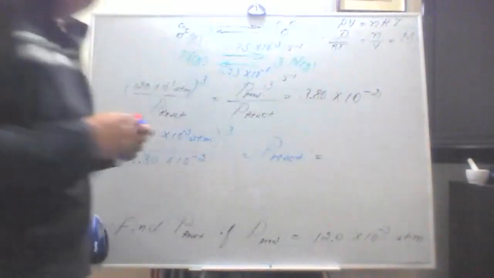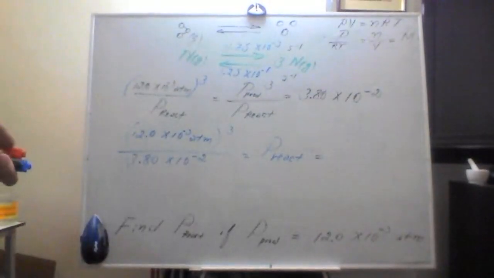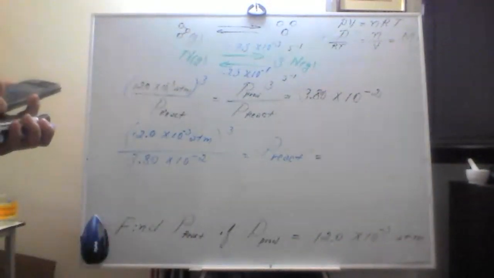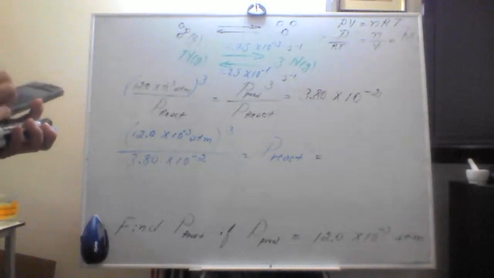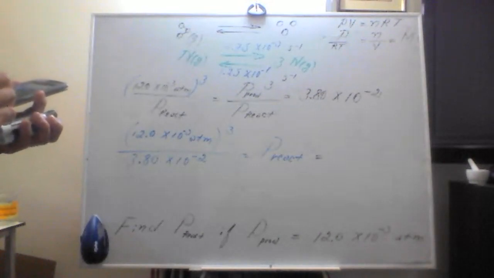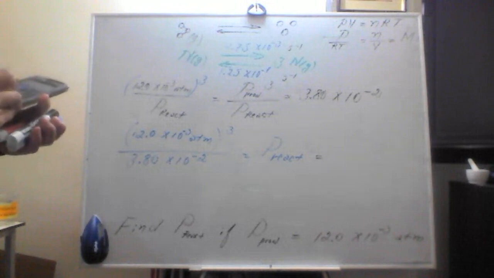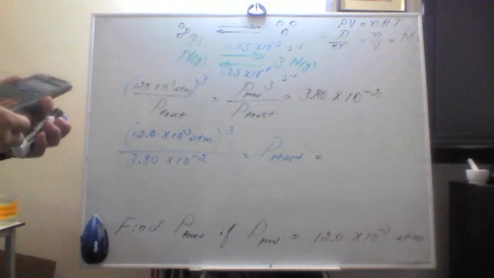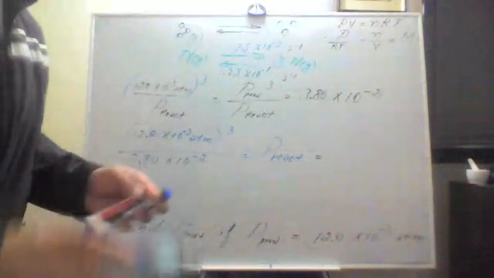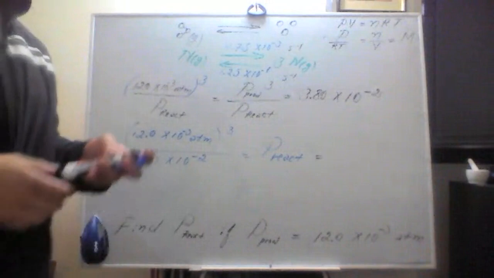Let's see what we get. So we get 12.0 times 10 to the minus 3 raised to the third power over 3.8 times 10 to the minus 2. 4.54, 4.55 times 10 to the minus 5.